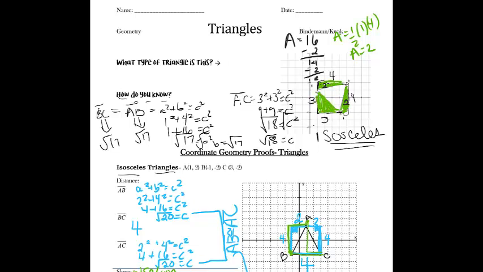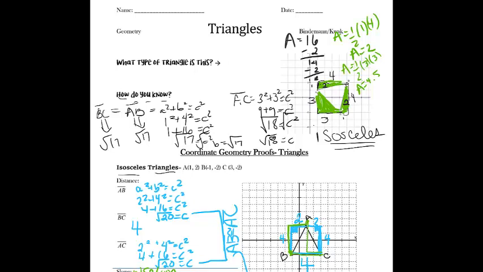I like to show this method because it doesn't matter what type of triangle it is. Nothing has to be special about it at all. You're just figuring out what the rectangle or square is total, and then taking away all the little right triangles inside. 3 by 3 will be half of 9.